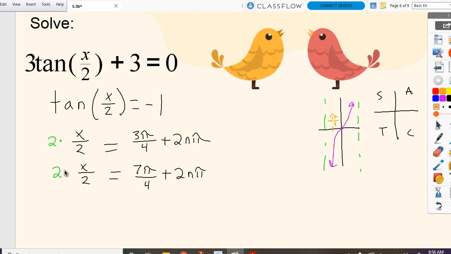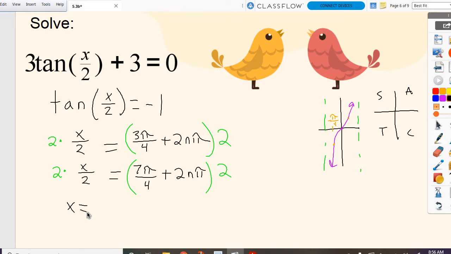So we're going to need to multiply both sides by 2 in order to solve for x. So once we do that, notice we would have to distribute it to both our original angle, but also the period that we're talking about.